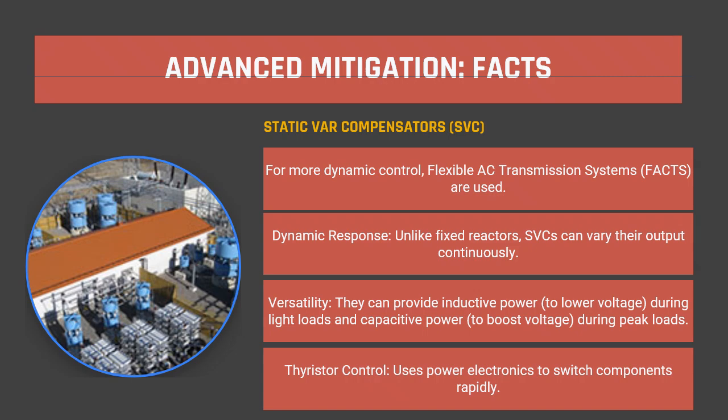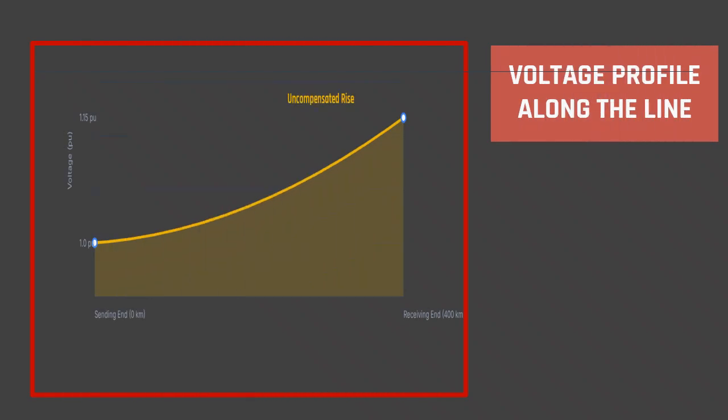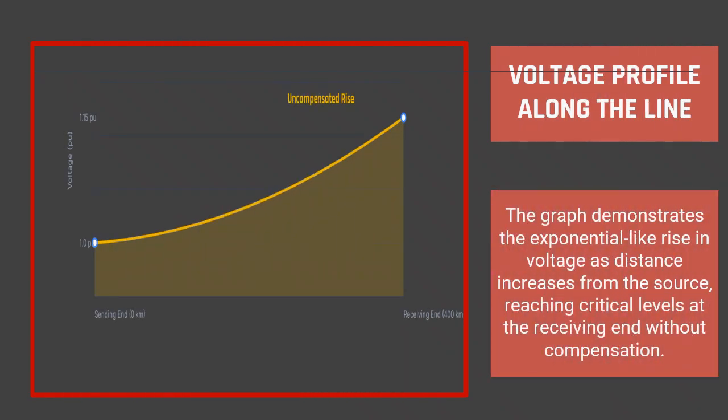Voltage profile along the line. This chart visually summarizes the problem. Without mitigation, the voltage profile along a long transmission line under light load is far from flat. The voltage begins at the sending end, V_S, and rises significantly, peaking at the receiving end, V_R, in our example, potentially reaching 1.15 per unit or higher.